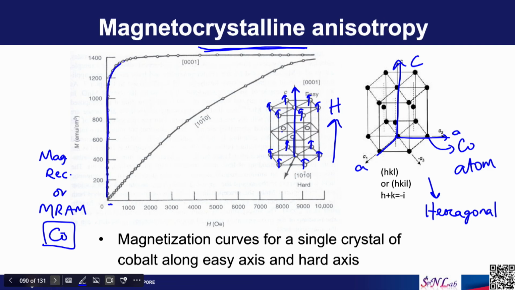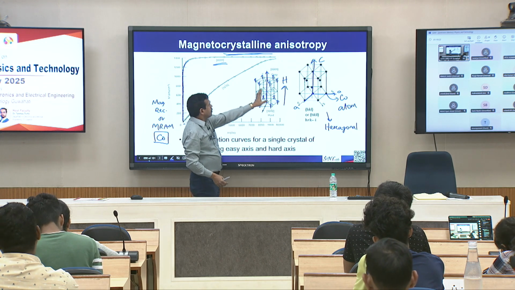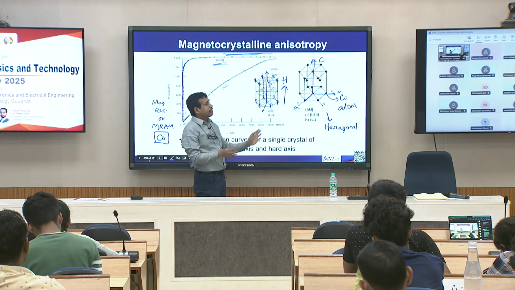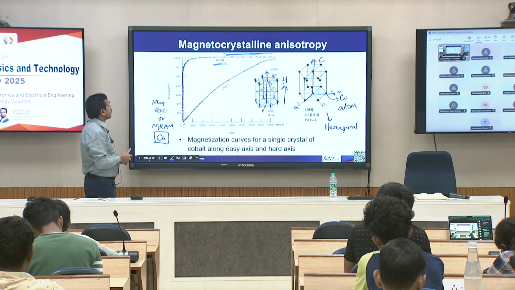I told you that in the ground state you do not do anything, they are already along this direction, but this is an experimental result. In this sample, maybe some of the cobalt atoms are not in this direction, there may be some difference in the sample condition, imperfections.